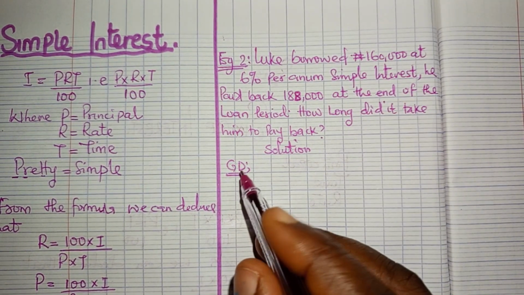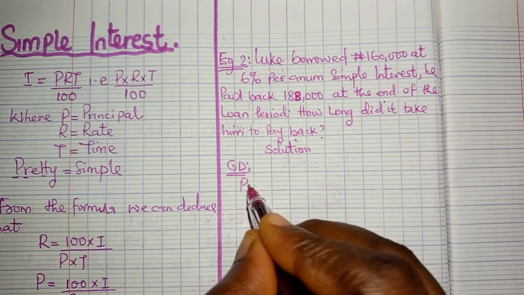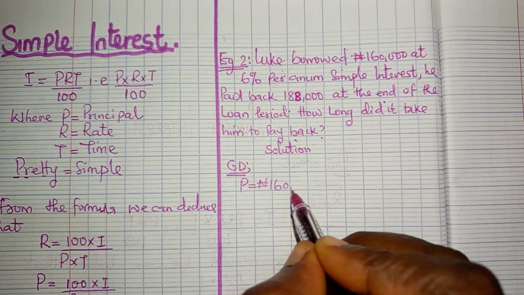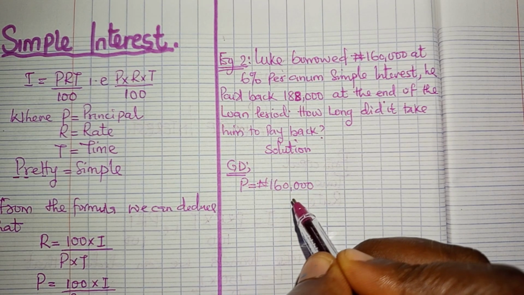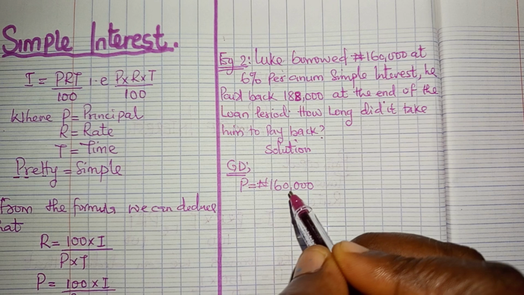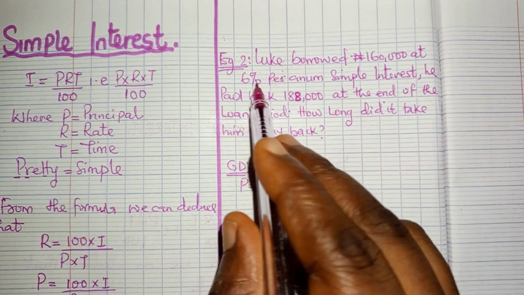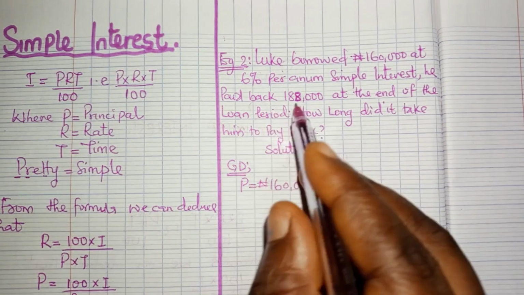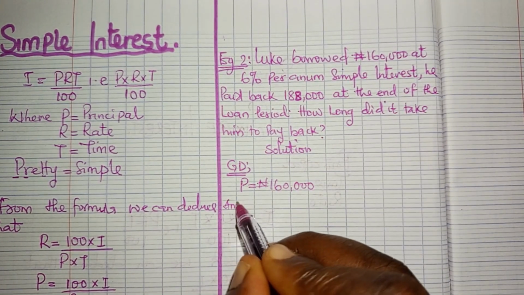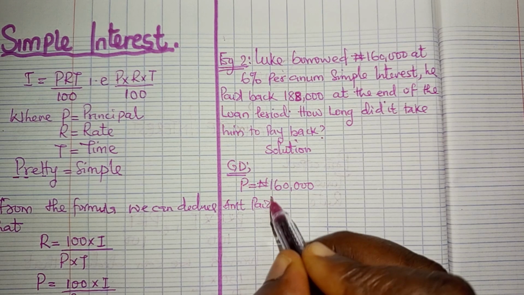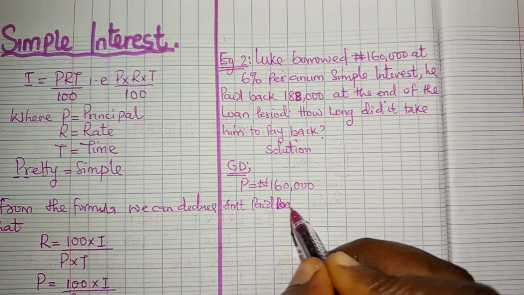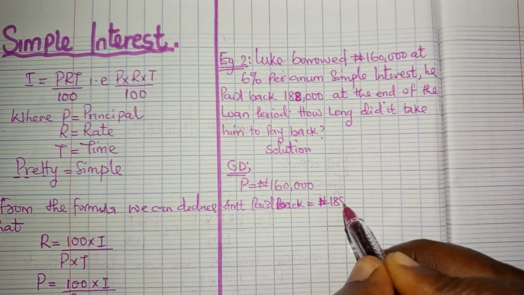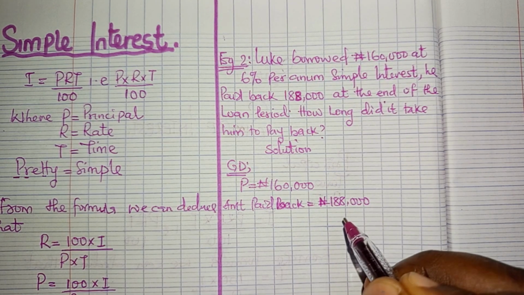Now let's look at the given data. The principal P from the question is 160,000 naira at the rate of 6% per annum interest. He paid back, so the amount paid back is 188,000.